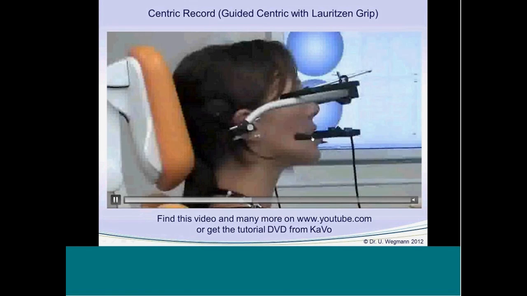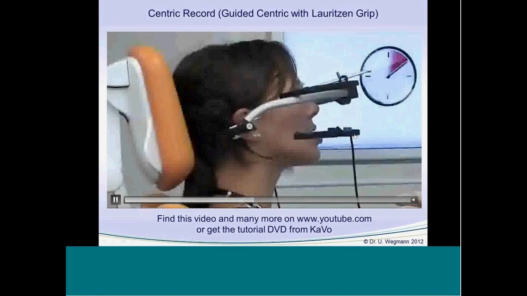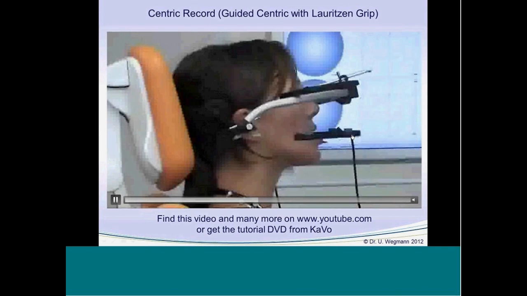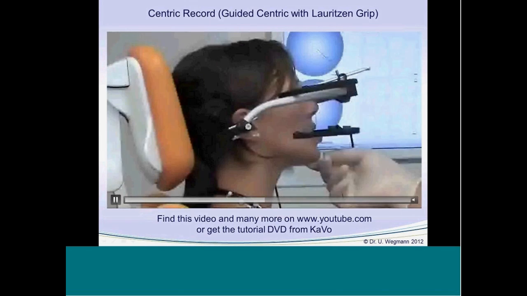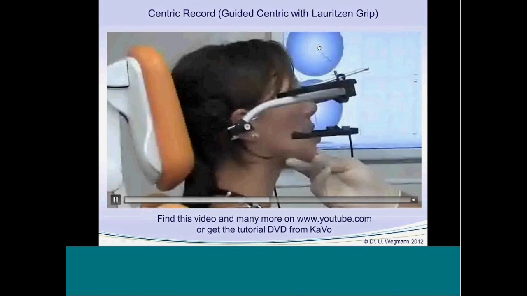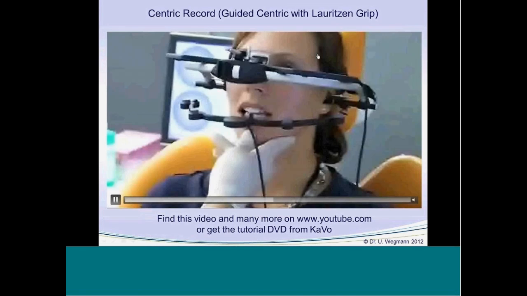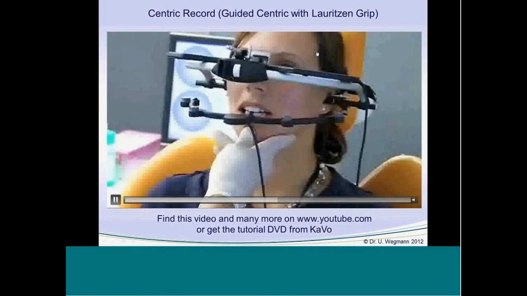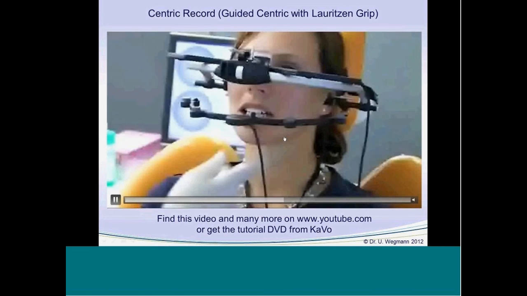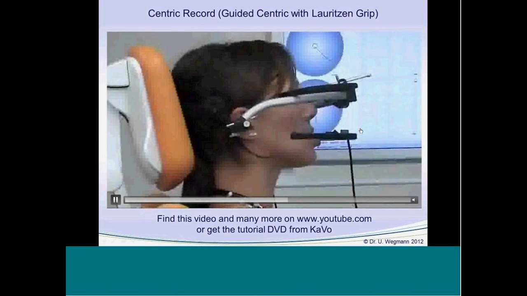The patient does a protrusive movement. In the background, you can see the recording on the screen. Then we adjust the lower jaw in the right centric position, as we have done before all the time. This position will be fixed electronically.